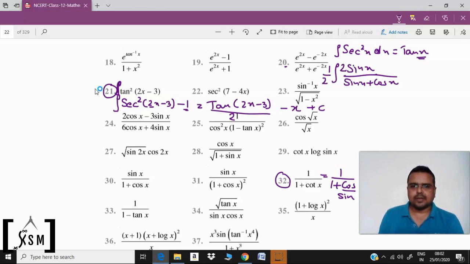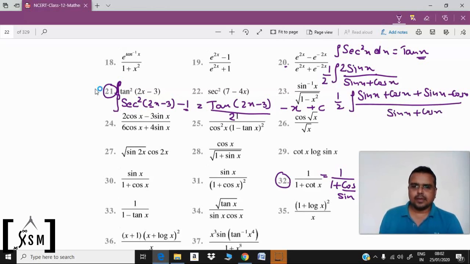Okay, that will give half of the integration of 2 sin x, which can be written as sin x plus cos x, plus sin x minus cos x, all over sin x plus cos x.